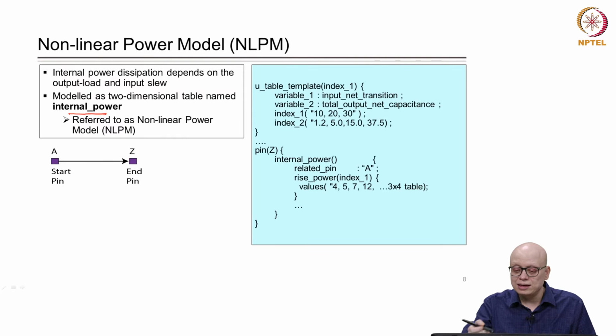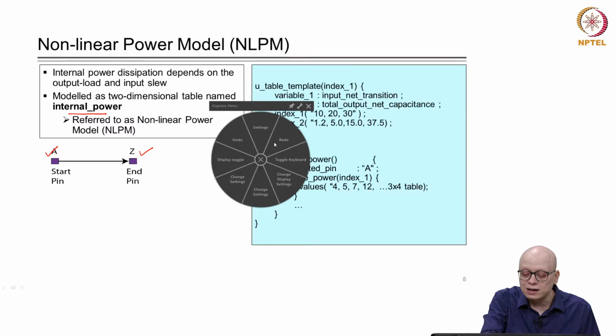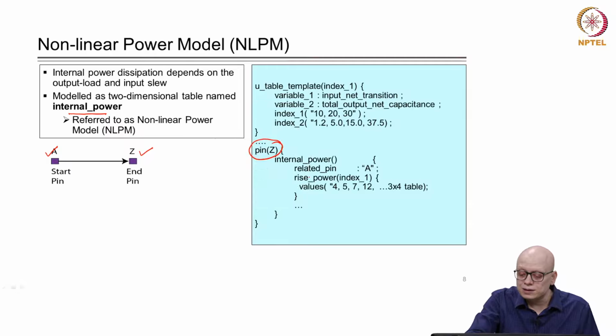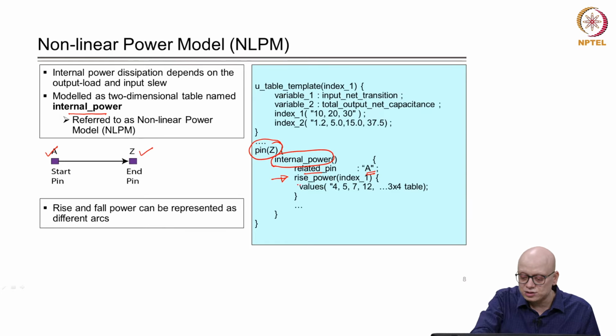Okay. So, let us have a look at how NLPM looks like, right. So, similar to timing arc, we have power arc, we have a start pin and an end pin. So, the power arc is defined at the end pin, and the related pin is the start point, right. And then we have index. The attribute is internal power, and then we have values which can be different for rise case and the fall case, and therefore, those are captured using rise underscore power.